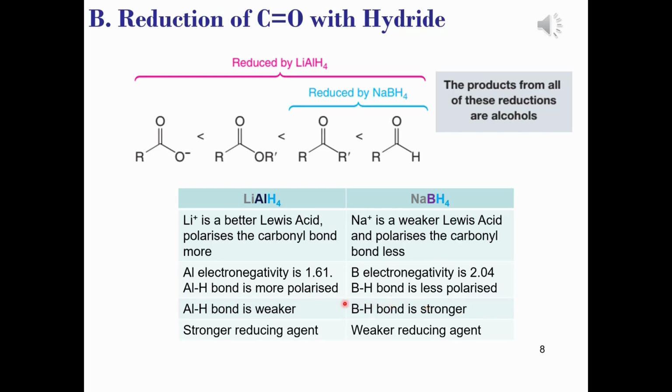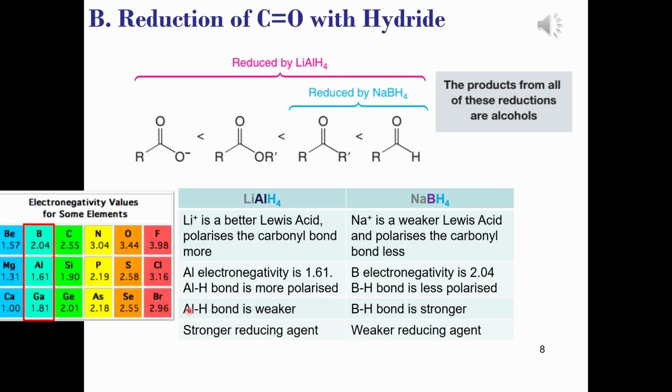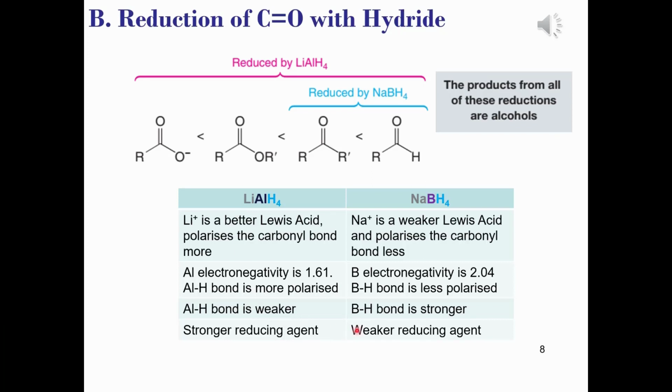However, if we take a look at the relative position of aluminium and boron in the periodic table, aluminium is underneath boron, and so the aluminium hydrogen bond is in fact weaker, meaning that it's able to donate that hydride far more quickly. The boron hydrogen bond is much shorter and much stronger, and so therefore it behaves as a weaker reducing agent.